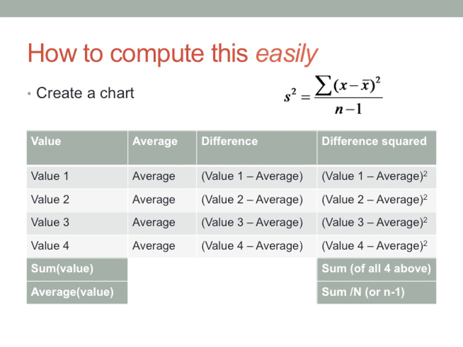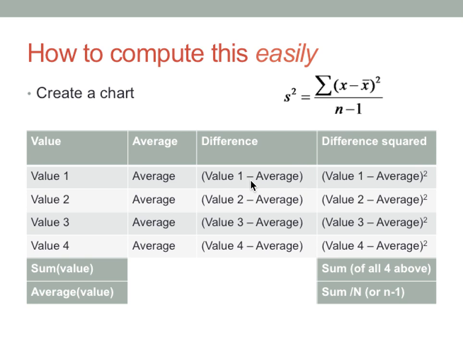So let's see what this looks like worked out. So let's say we have 4 values. We sum them up. We get the average. We put the average there. Again, the average will be the same for the entire column. Then we'll take value 1 minus the average, value 2 minus the average, 3 minus the average, 4 minus the average. Then we will square. So we've already done x minus x bar.